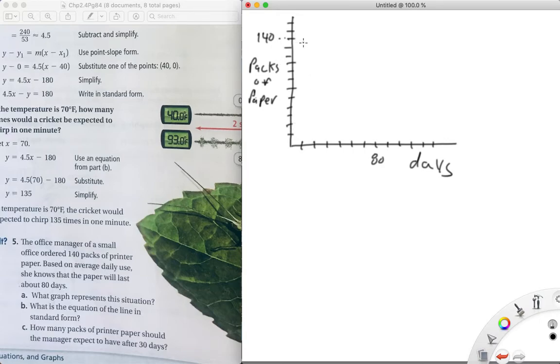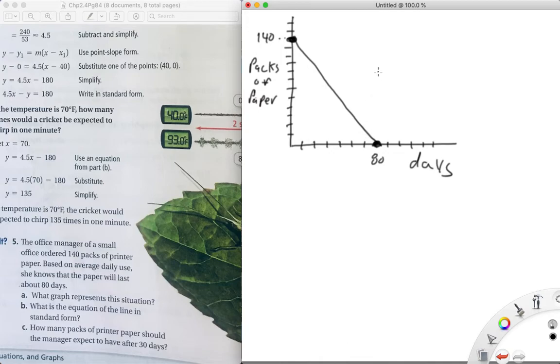On day 0, we have 140 packs of paper. On the 80th day, all the packs of paper are gone, so we have 0 packs on the 80th day. So our line would look like that. Notice that it's a negative-facing graph because we're losing stuff every day.